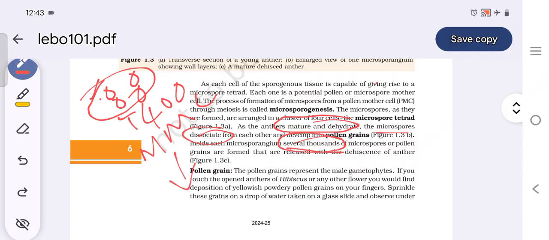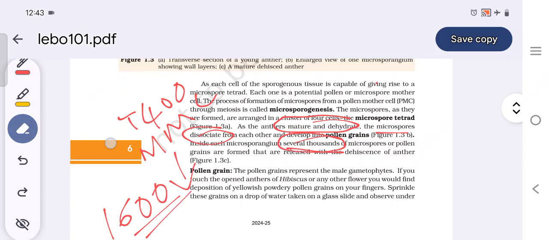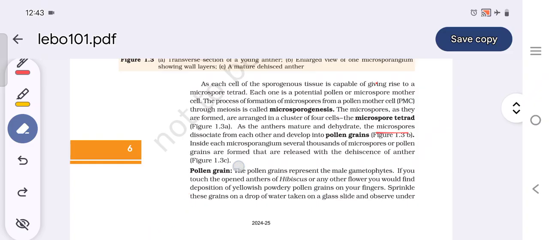So how many microspores would be formed? It would be 1600, that is 400 into 4. This is how the calculation goes for microspores, microspore mother cells, and the microsporangium. So you need to have a count on what this several thousands means.